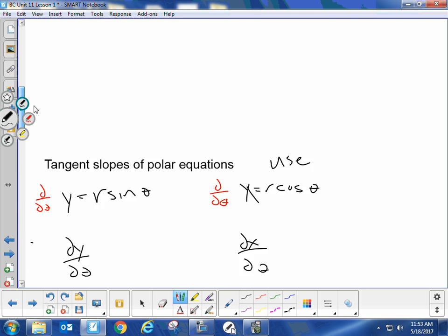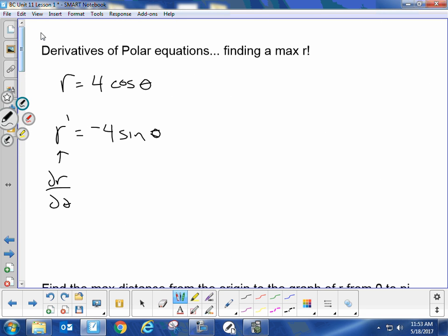Finally, to find max and min r's, that's when we take our derivative and set it equal to 0. When I find r prime and set that equal to 0, I'll be able to find a max or a min. Now, give me a couple angles in which sine is equal to 0. When is sine 0? 0, pi, 2 pi, right?